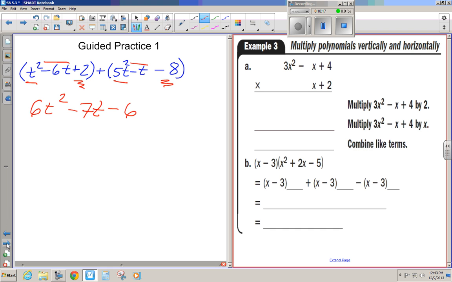All right, multiplying polynomials. Vertically can be done just like you would a normal number. And again, you're going to choose one and determine which one you like the best, vertically or horizontal. So vertically, you're going to multiply all of these numbers by 2 first, just like you would a normal number.